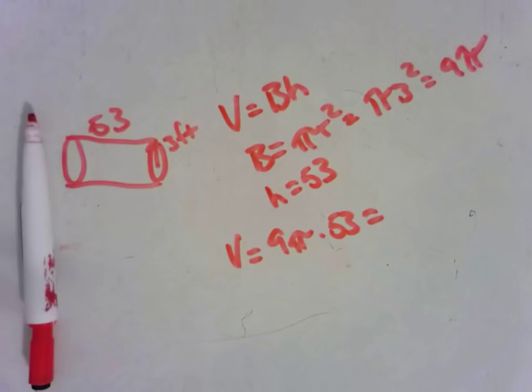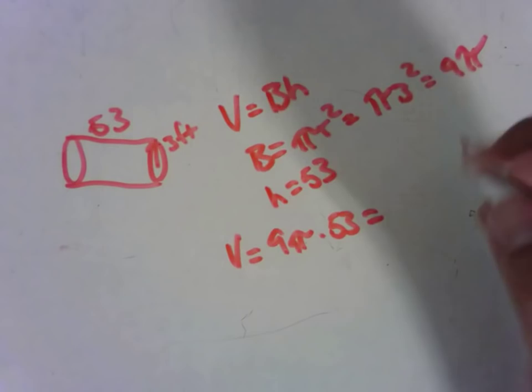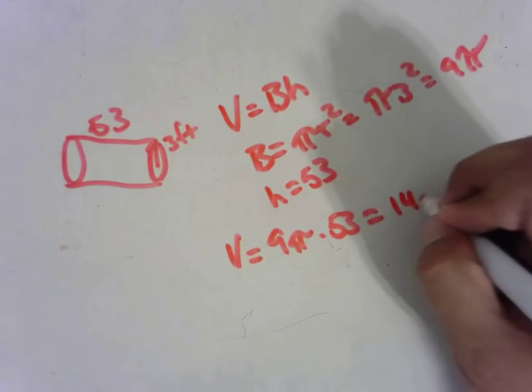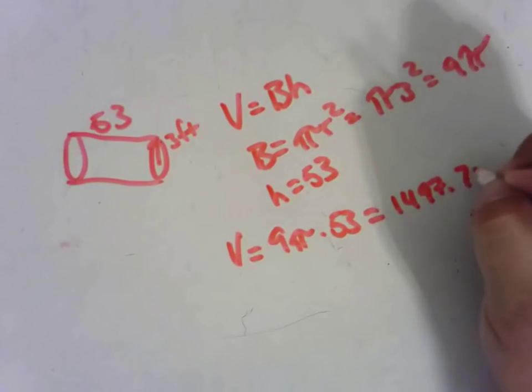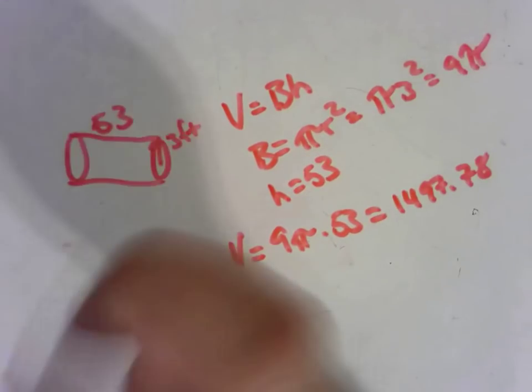Does not say to use pi, it says 9 times 3.14. Pay attention to that. Times 53 is 1,497.78. That's the entire tanker.